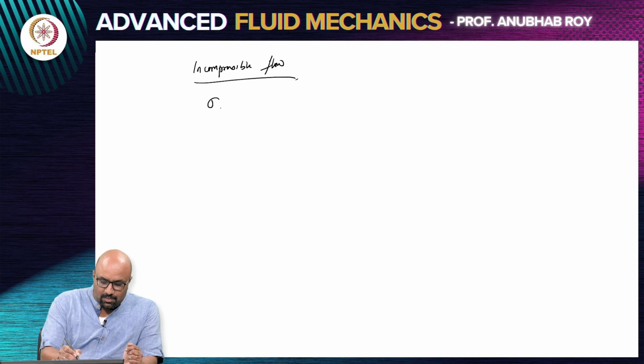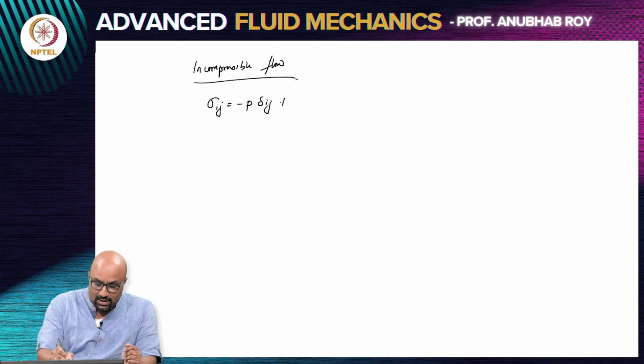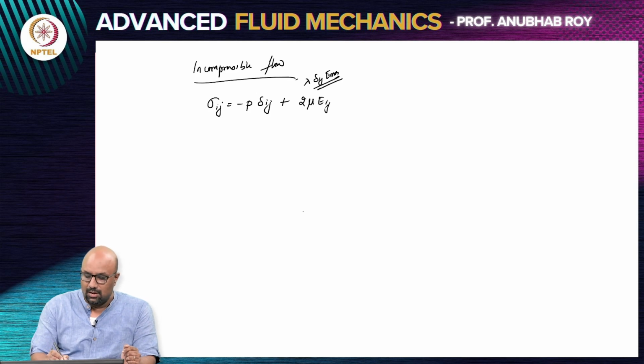So, for an incompressible flow, you will have sigma ij is minus P delta ij plus 2 mu Eij. If you remember, the term that was appearing here was lambda delta ij E_mm. So, if the flow is incompressible, this term is absent.